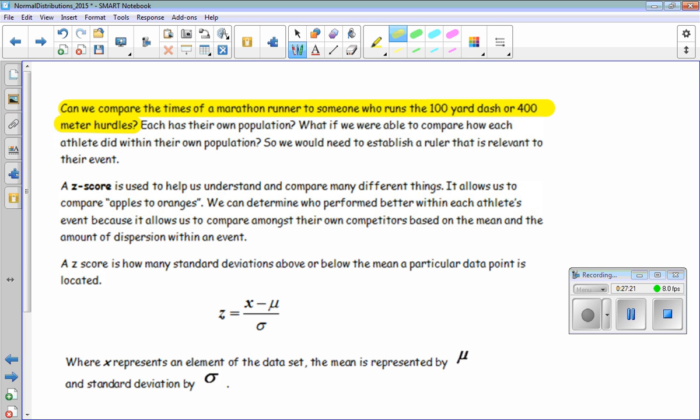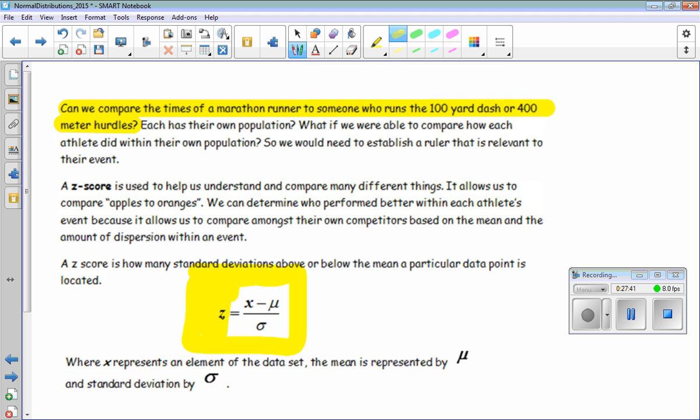You want to compare the 100-yard dash people to the 100-yard dash people, and the 400-meter hurdle people to the 400-meter hurdle people. You're going to look at each from their own normal distributions, but we're going to compare them using something called a z-score, okay?